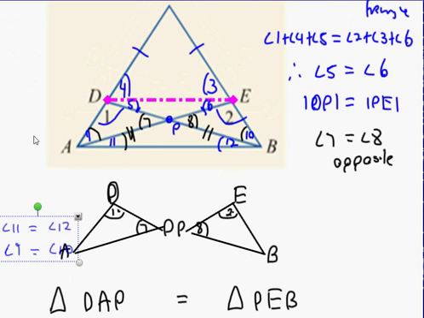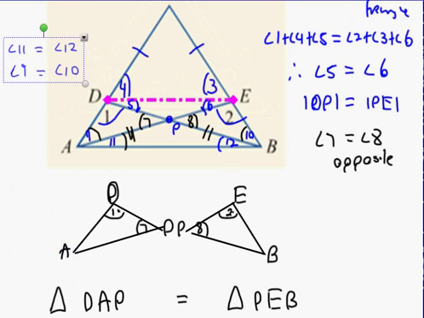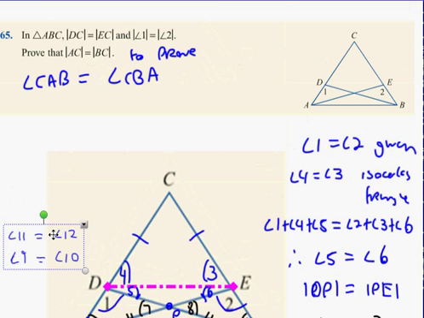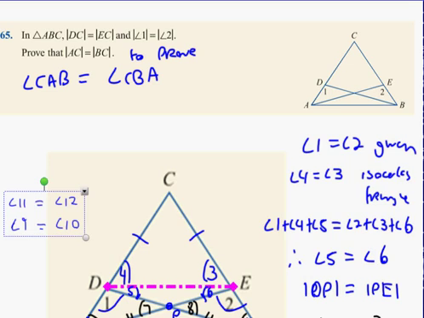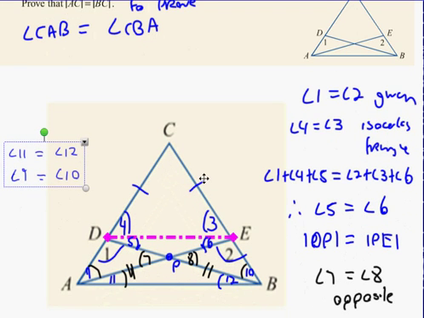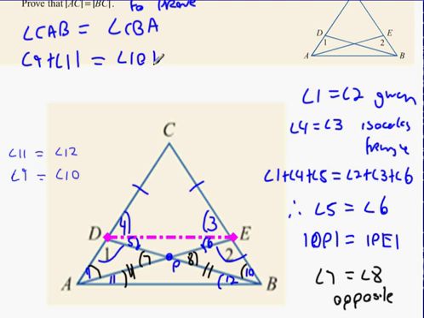When I go all the way back to the very top, I'm trying to prove that CAB equals CBA. CAB is angle 9 plus angle 11, which equals angle 10 plus angle 12, and we already know that 11 equals 12 and 9 equals 10.